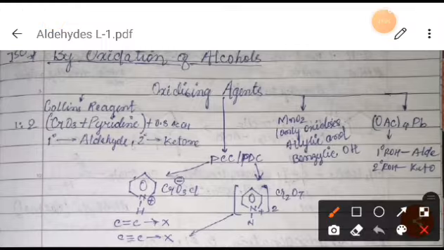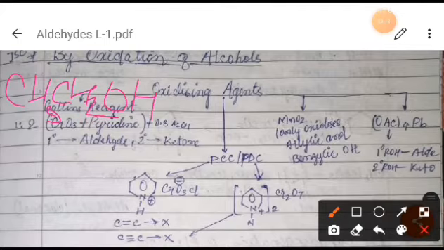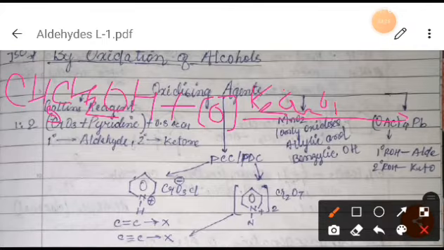Suppose we are taking an example of CH3CH2OH. If we are oxidizing this in presence of K2Cr2O7 or H2SO4, in presence of H2SO4, we will get what?